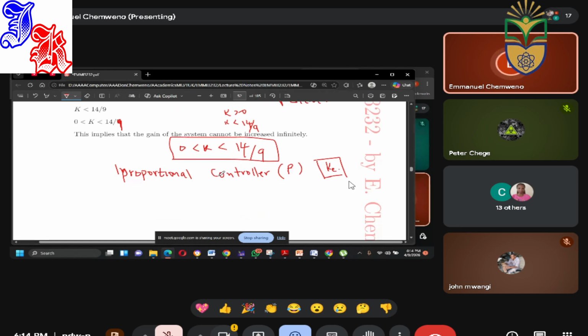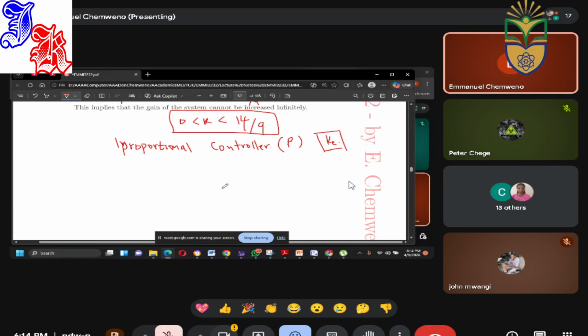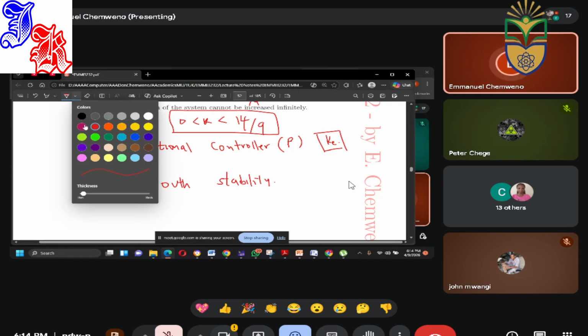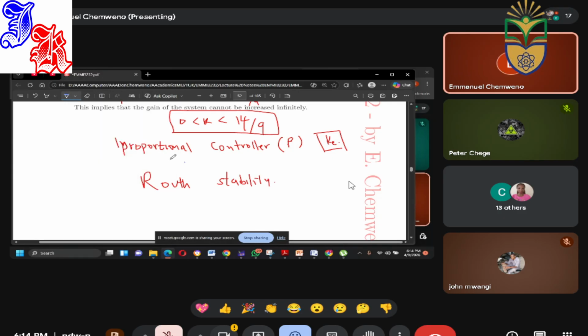And I think this brings us to the end of root stability. In summary, we saw that roots should lie on the left hand side, or should have negative real parts.